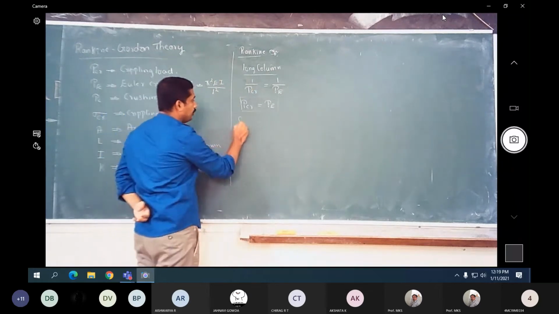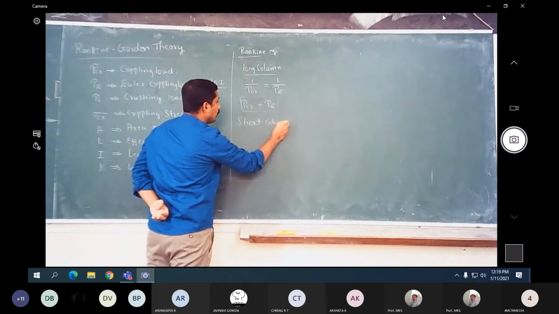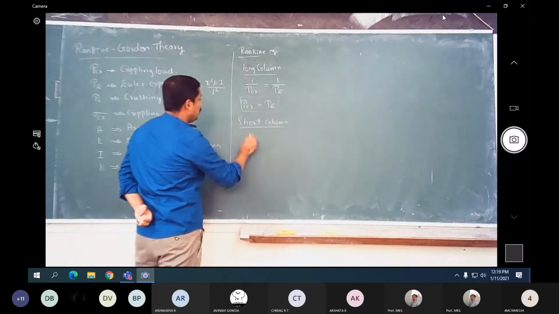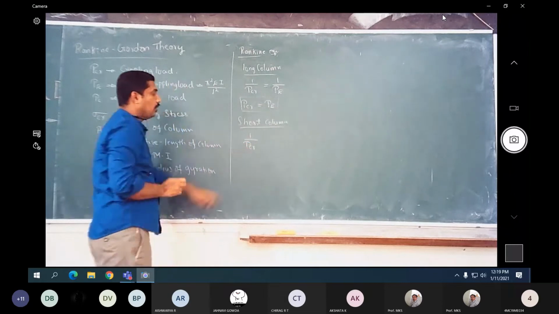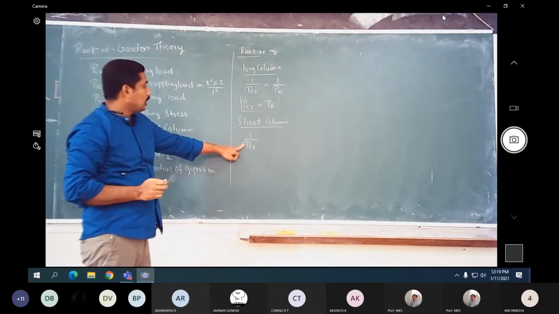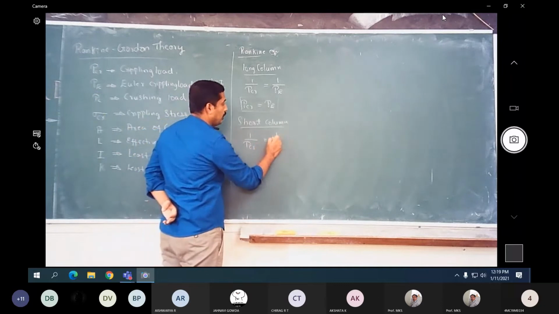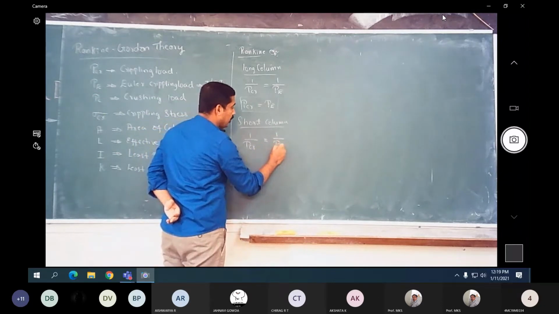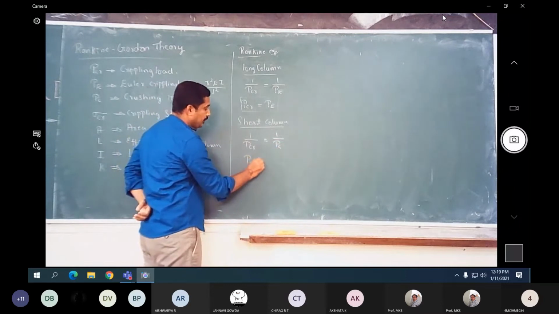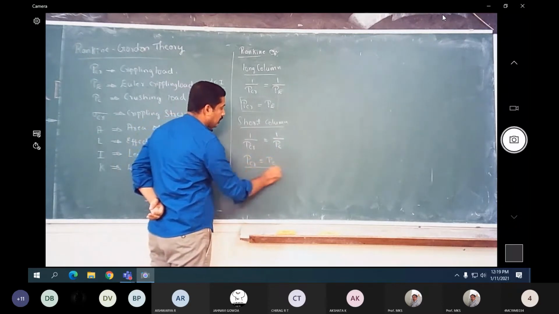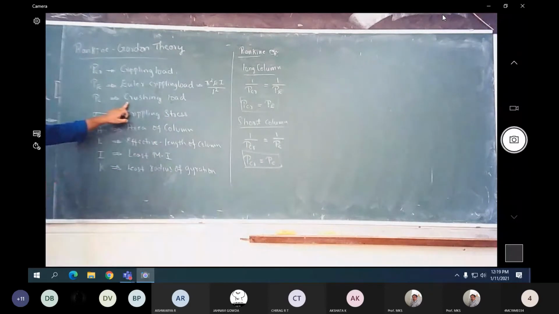Next, for the short column, the short column fails under crushing force or crushing load. So the crippling load for a shorter column will be 1 by PCR equal to 1 by PC, or the crippling load is nothing but the crushing force that is acting, the force due to crushing.